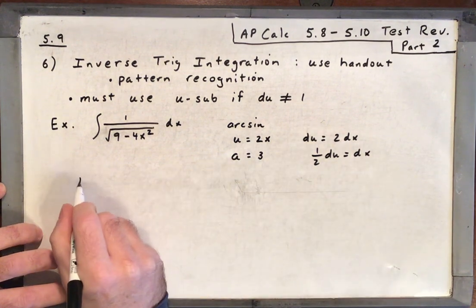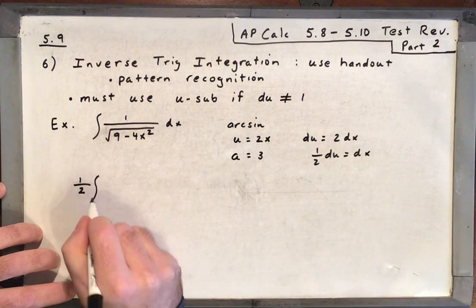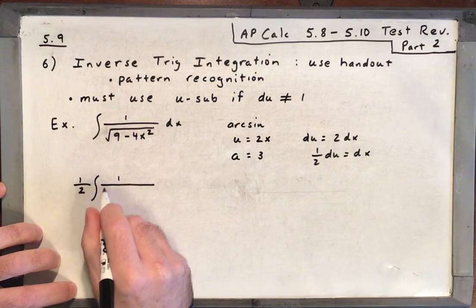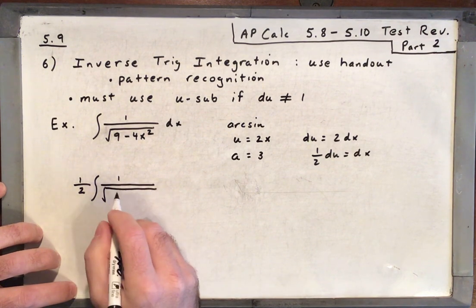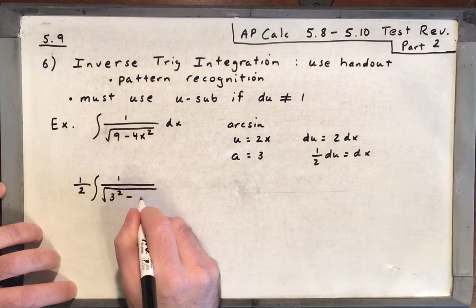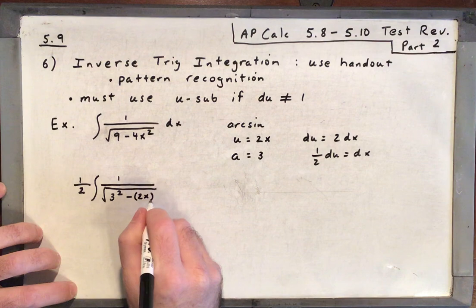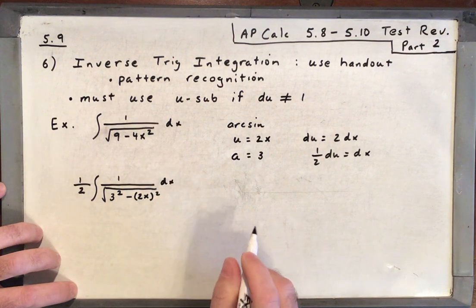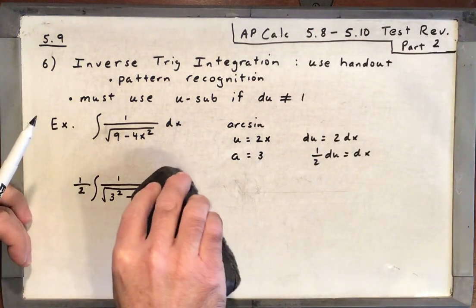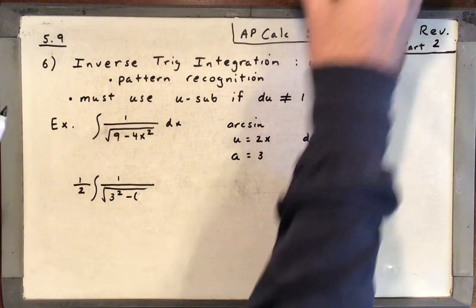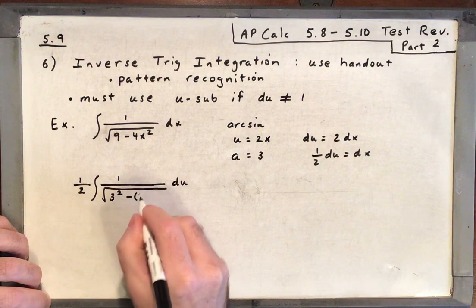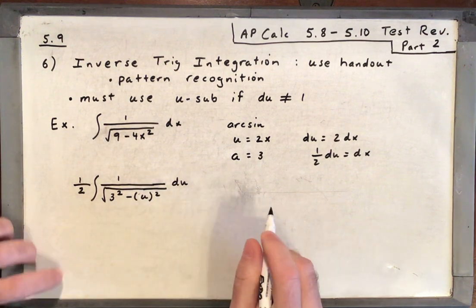So we can rewrite this in terms of u. Put a 1/2 out front. You'd have 1 over the square root of 3 squared minus u squared du.